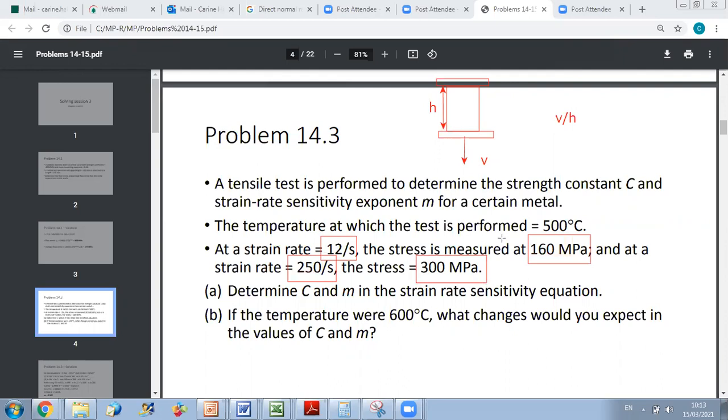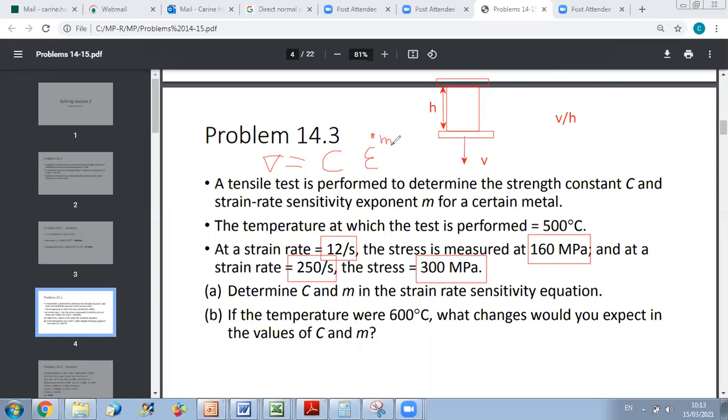So this will allow us to determine the relation between stress and strain rate. The stress can be calculated as sigma, similar to the strain hardening equation. So sigma is equal to a certain constant C for a fixed temperature times the strain rate epsilon dot to the power of the coefficient m.